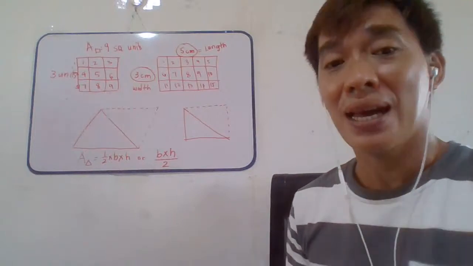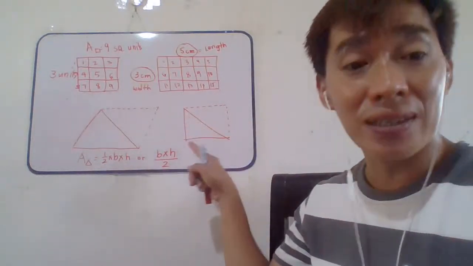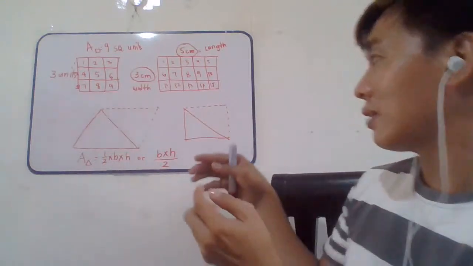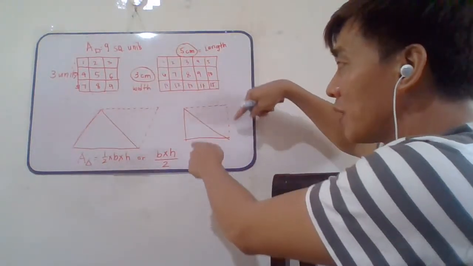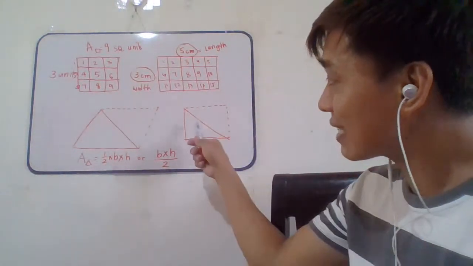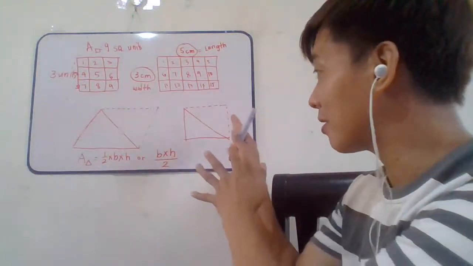Okay, going back, as we could see here, we have a triangle. And of course, if we flip the triangle and place it here, the new figure that you could see here is what we call a rectangle. And of course, this triangle is half of that rectangle.